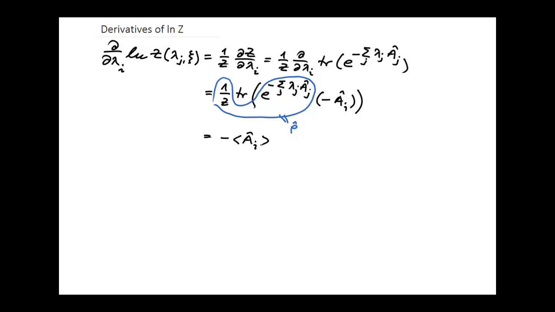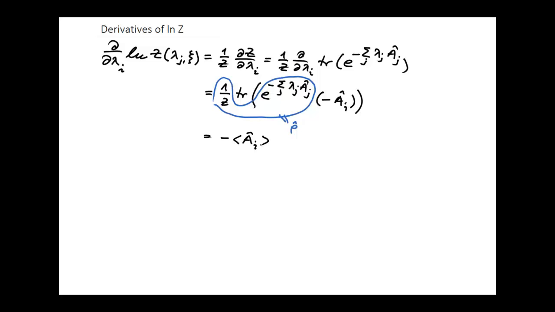So it's in fact very simple. When you're given the partition function as a function of the Lagrange parameters and psi, you can take the partial derivative with respect to lambda of the log, and then you obtain from that minus the expectation value of A_i. That's a very simple basic relation.